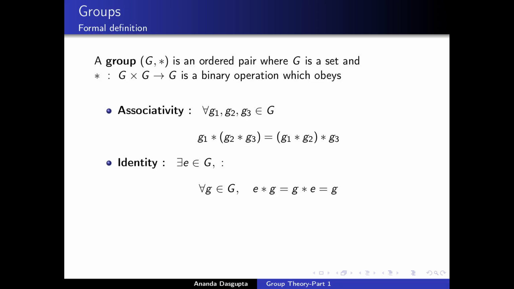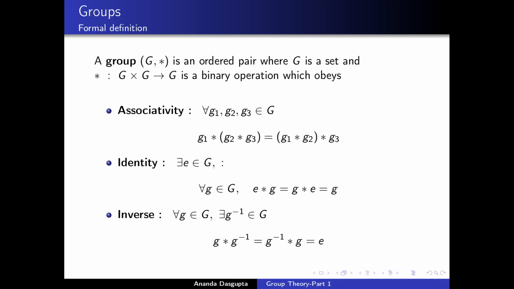Then comes the third important property. That's the existence of an inverse. This property demands that for every element g in capital G, there must exist an element g inverse, again in capital G, such that g composed with g inverse and g inverse composed with g are both equal to the identity.